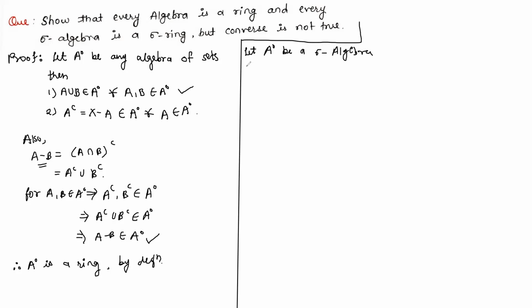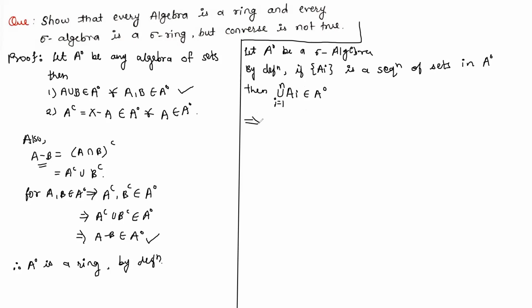Therefore, by the definition of sigma algebra, if A_i is a sequence of sets in this algebra, then the union of i from 1 to n of A_i belongs to the algebra.